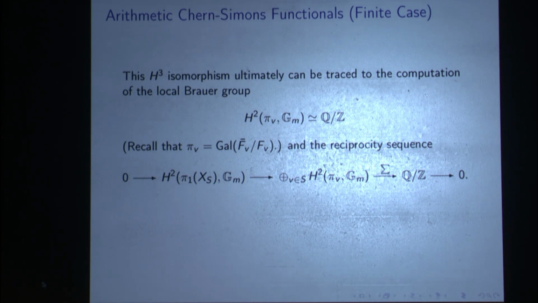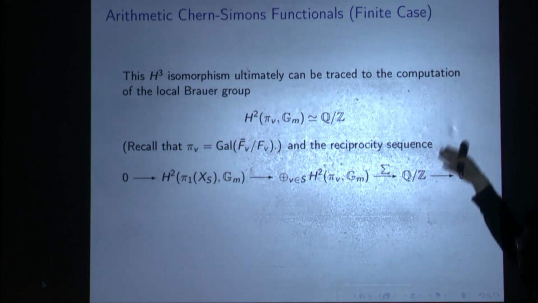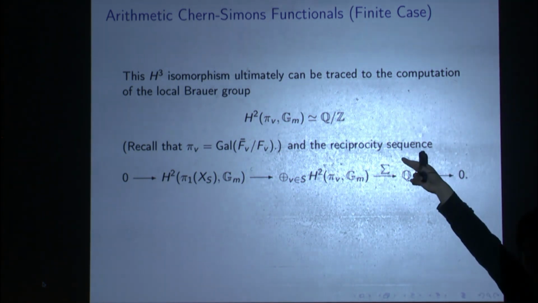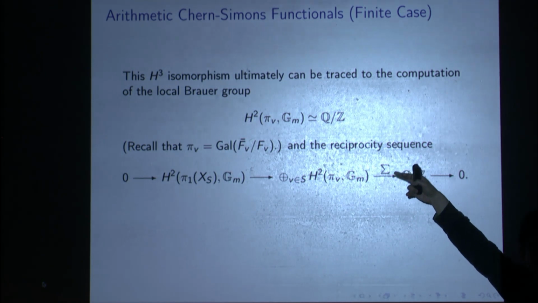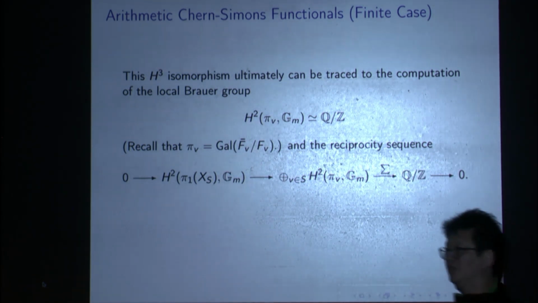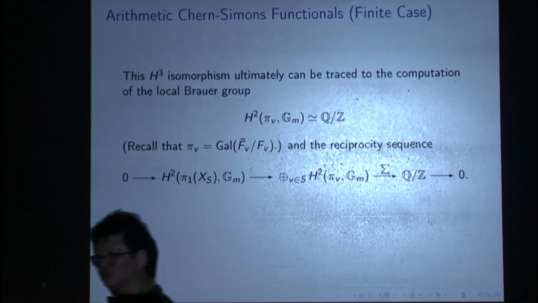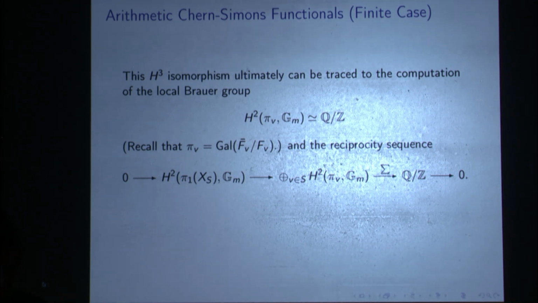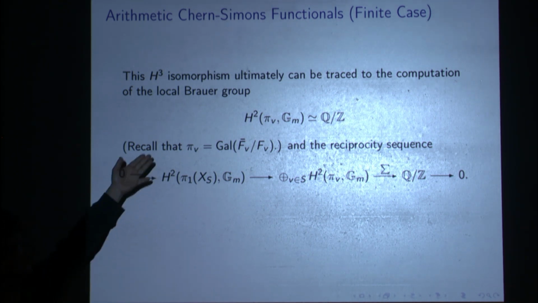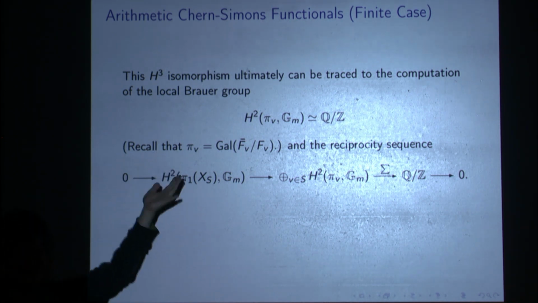Now, I realize that I'm laying a whole lot of algebraic number theory on you. But if it's any consolation, these two statements here, this local Brauer group computation and this exact sequence, more or less are the full conceptual content of class field theory. Those of you who have ever been interested in class field theory, I don't know how many of you have, if you understand these two exact sequences, the conceptual content is all there.